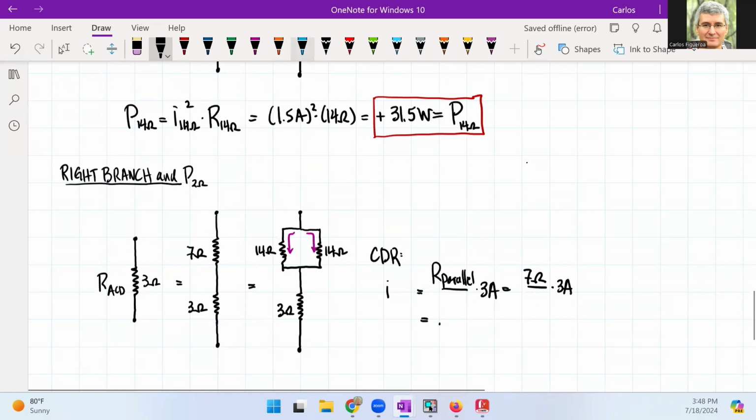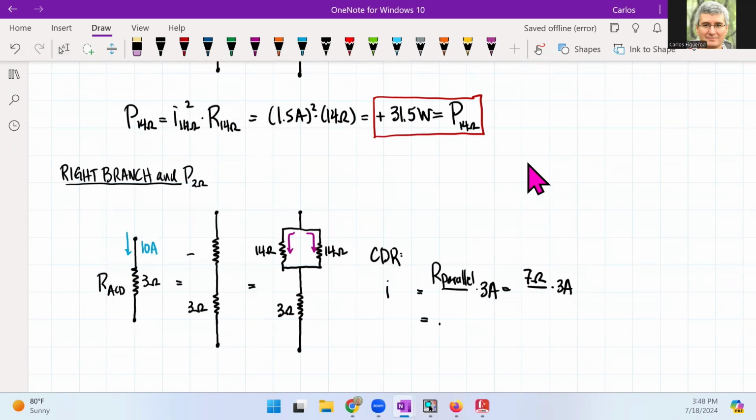And what happens is that we have a current coming in, and this current is 3 times the size. So when we look at these resistors here, this is 1.5 ohms. This is 1.5 ohms. And the current coming in here also goes through here, and this guy's 10 amps. This is 10 amps.